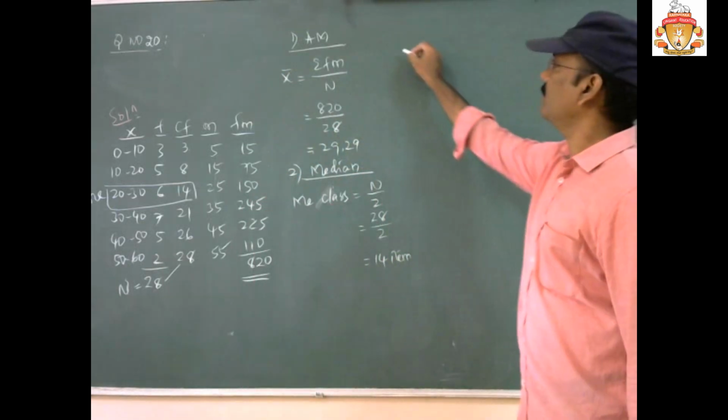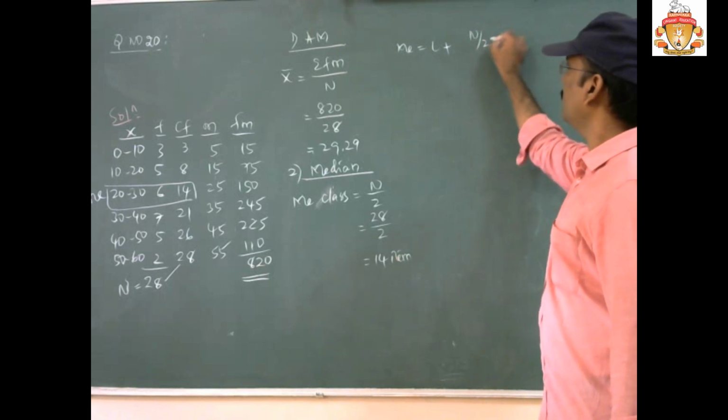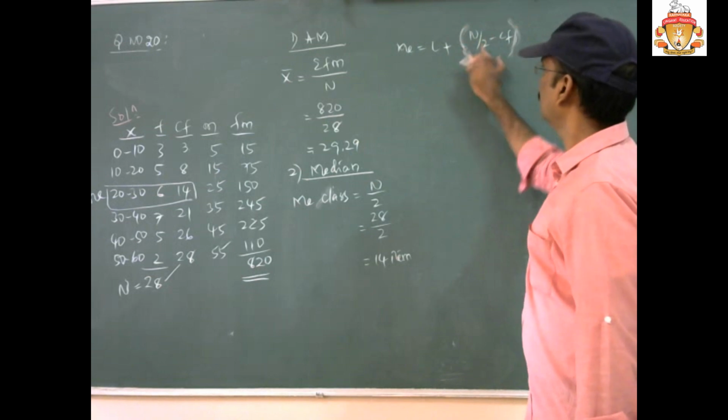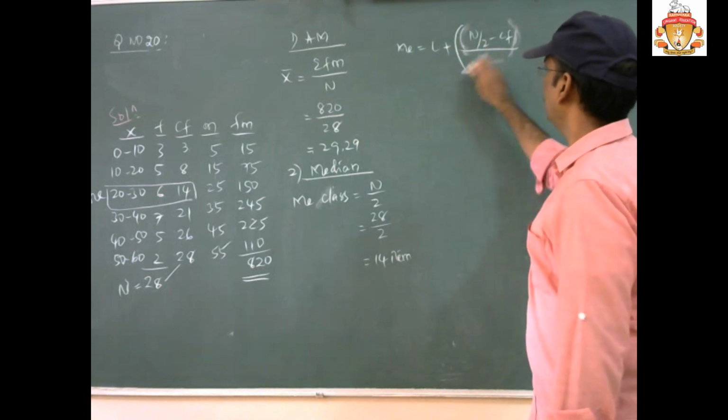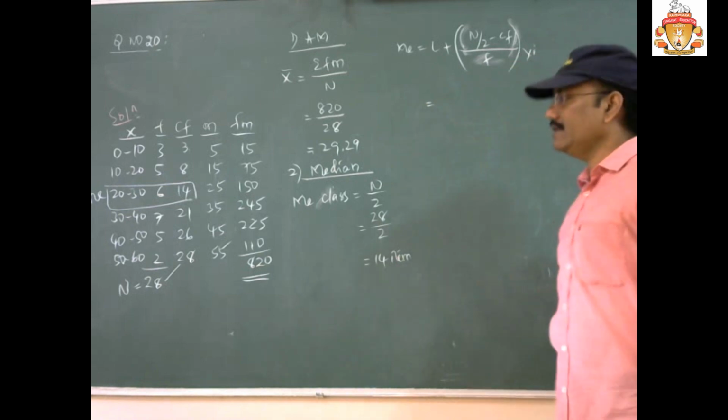Then find the median formula. The median formula is like this: L plus n by 2 minus CF, divided by f, into i. What is L?